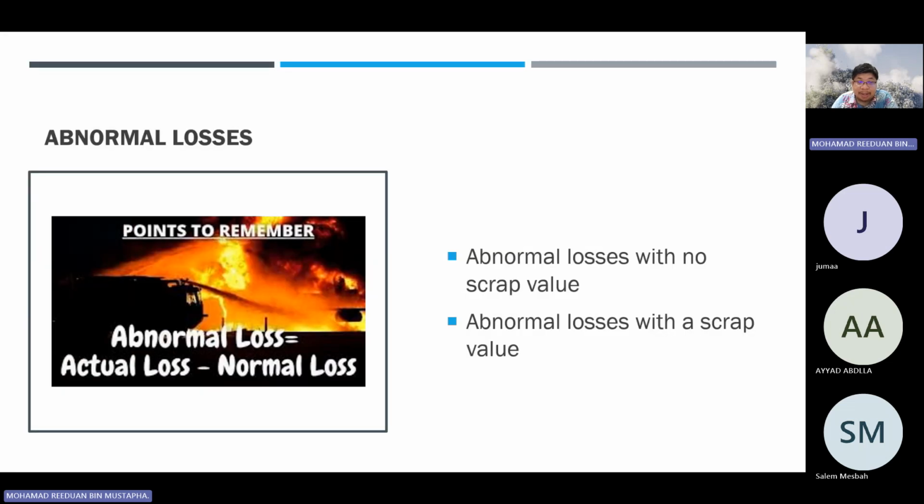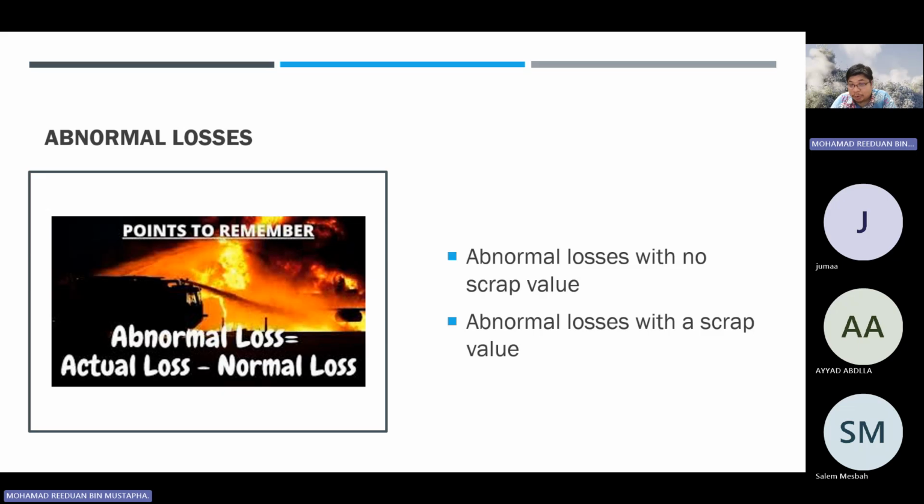To remember, abnormal loss is the actual loss less normal loss. So there is abnormal loss with no scrap value and abnormal loss with a scrap value. There are also situations where the abnormal loss can bring scrap value.